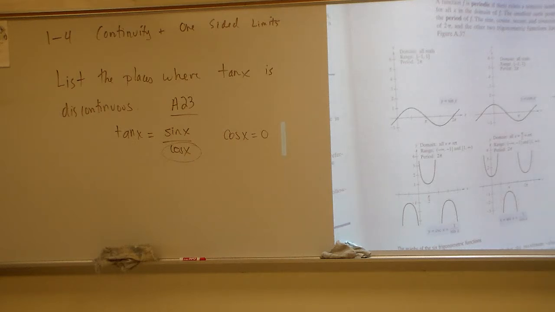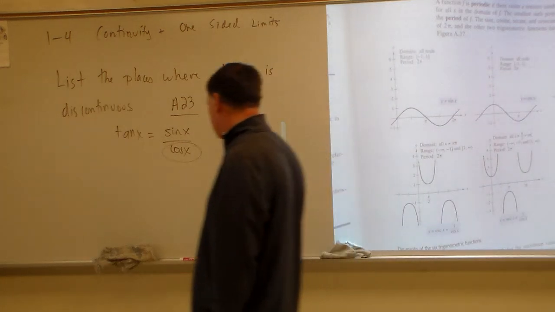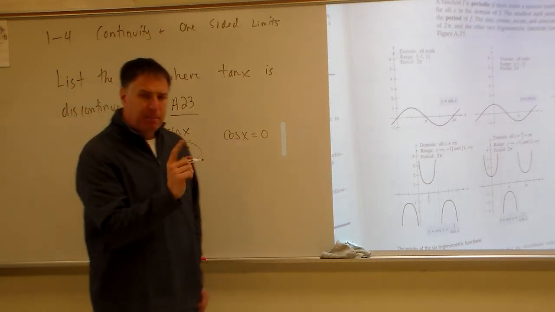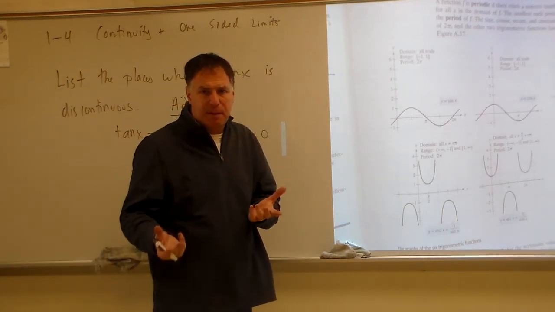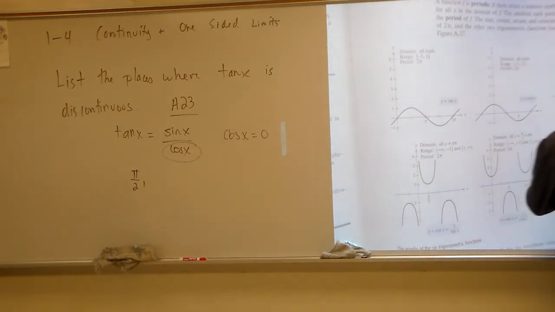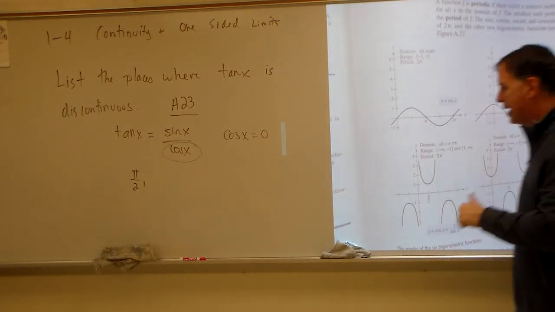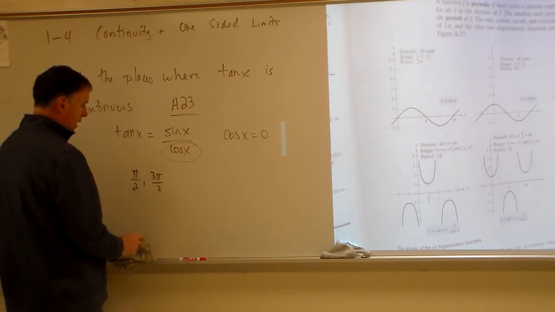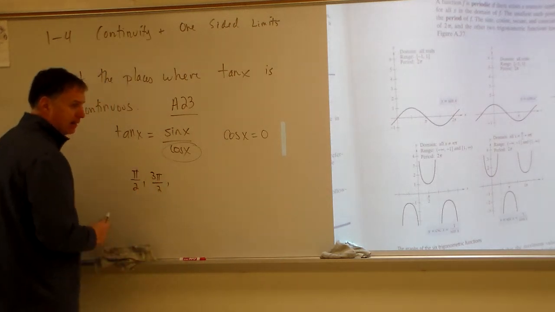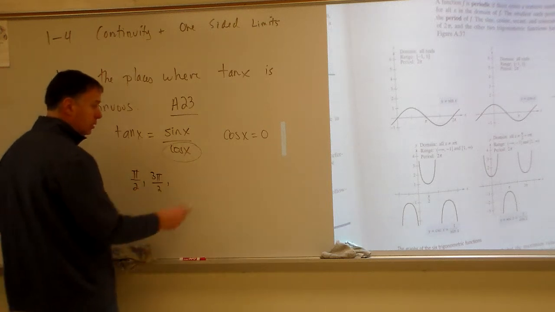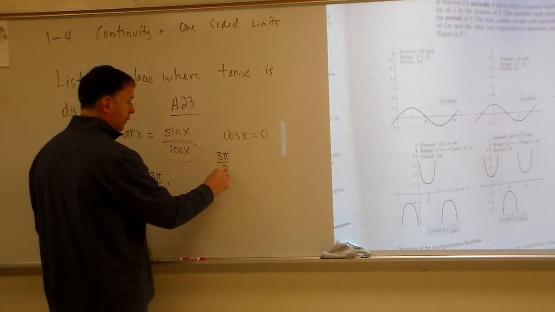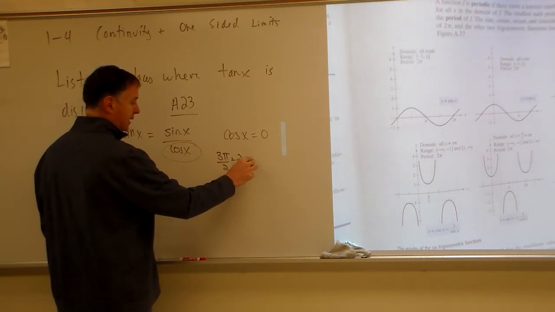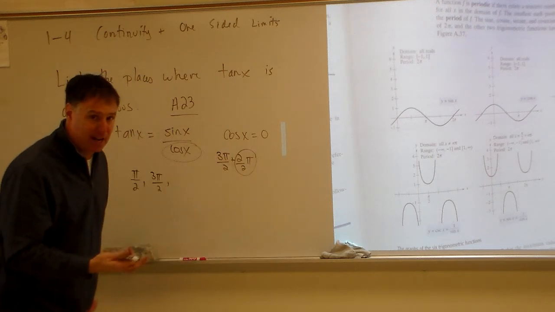So what does that mean? We have discontinuities at pi over 2. Now, the period, which means how much it repeats, is pi. So here's pi over 2, this would be 3 pi over 2. If I add pi to that, since my denominator is 2, I would add 2 over 2 pi, and my denominator is the same.